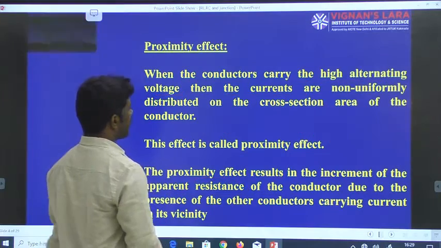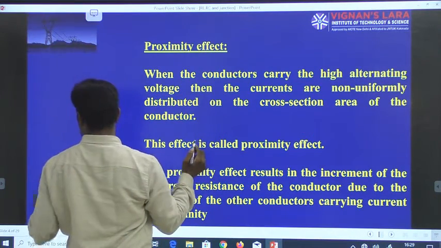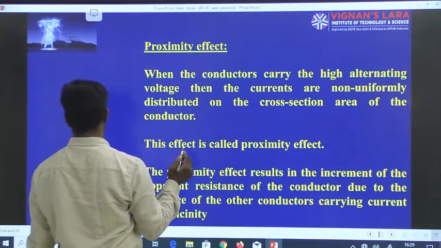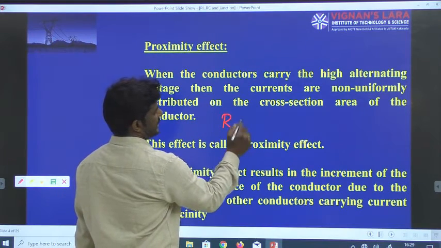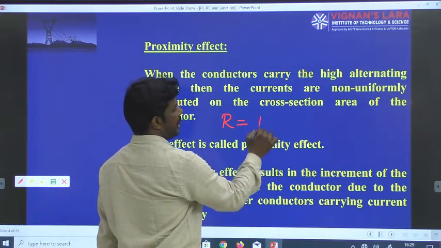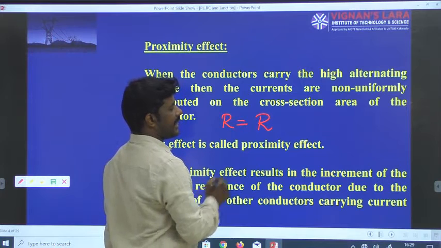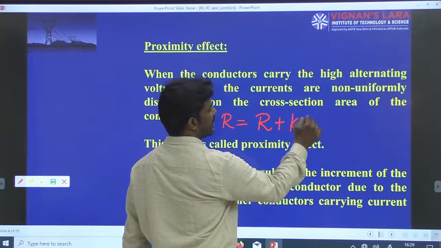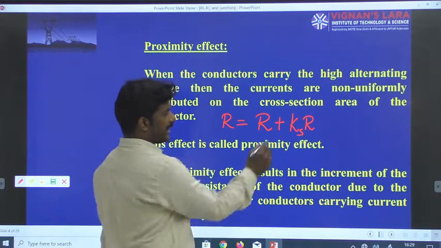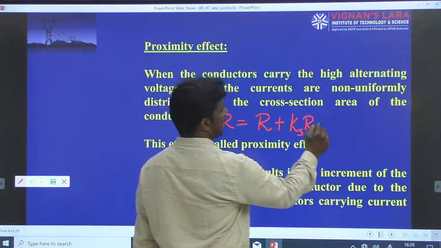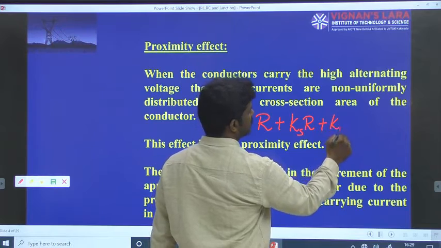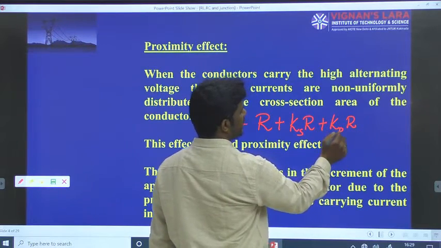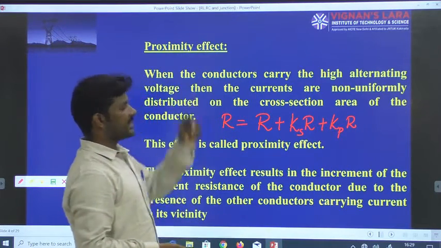Then the overall resistance of the conductor is equal to the actual resistance R plus Ks times R, where Ks is due to the skin effect, plus Kp times R, where Kp is the constant due to proximity effect.